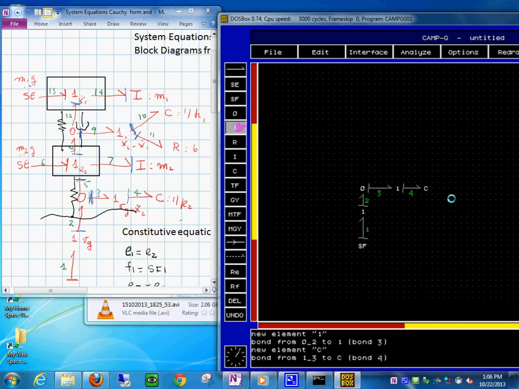And then you have the SC for number 6, which is from here to here. And then we have the I for number 7, which is from here to here. And then you have this 0 with 8 from here to here.